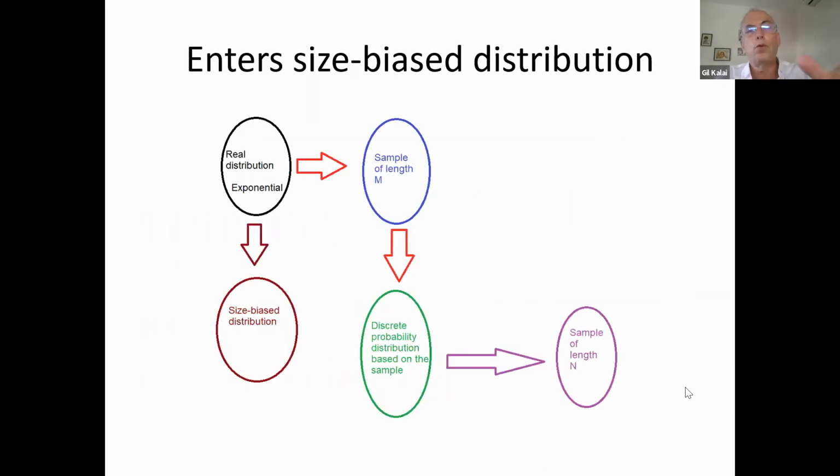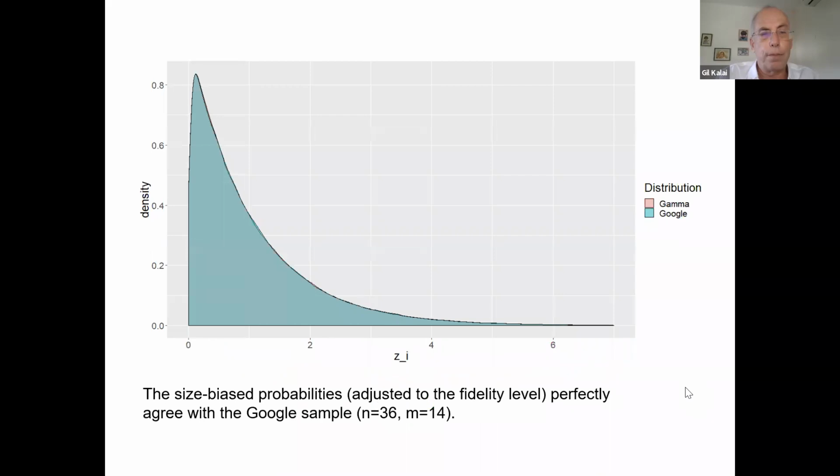Here, just to use our previous picture, we start from a real distribution, we move to a discrete distribution, and then we just add one more component. There is the size bias distribution, which corresponds to our real distribution. So if we start from an exponential distribution, the size bias distribution is a gamma distribution.